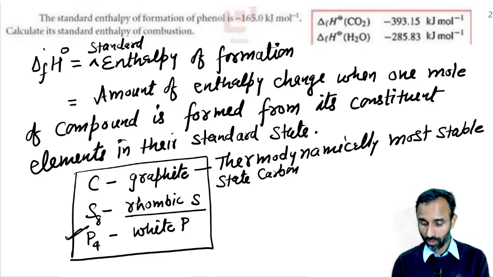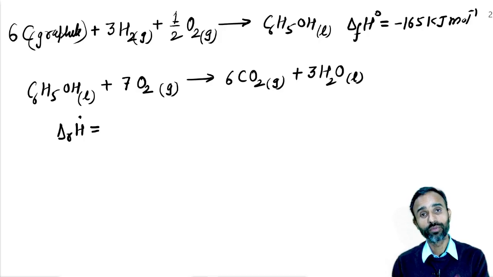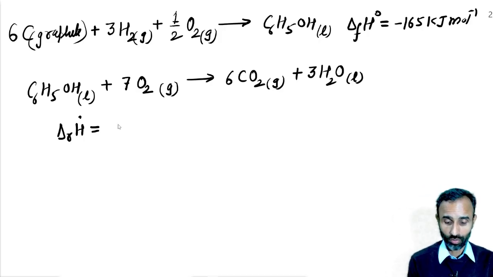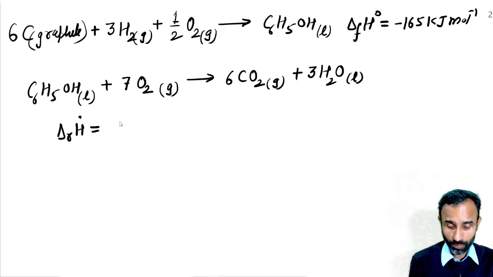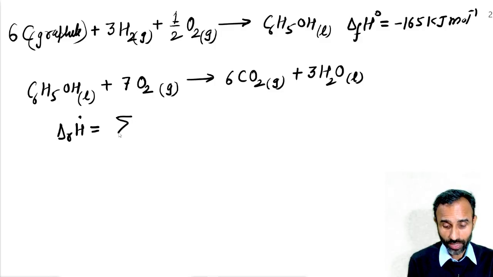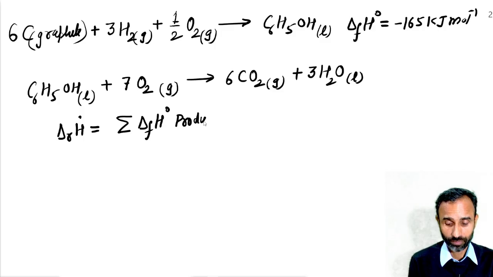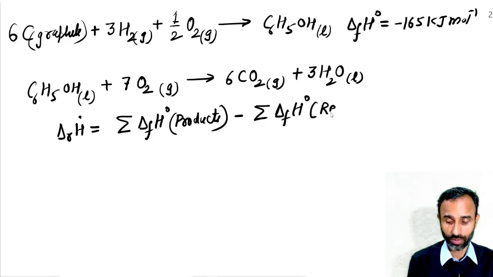So for O2 it is 0. Whenever enthalpies of formation are given, the enthalpy of reaction is the sum of the standard enthalpies of formation of products minus the sum of the standard enthalpies of formation of reactants.